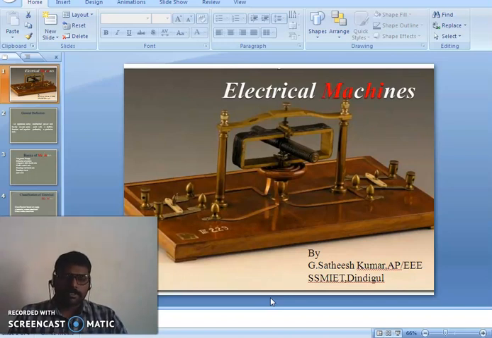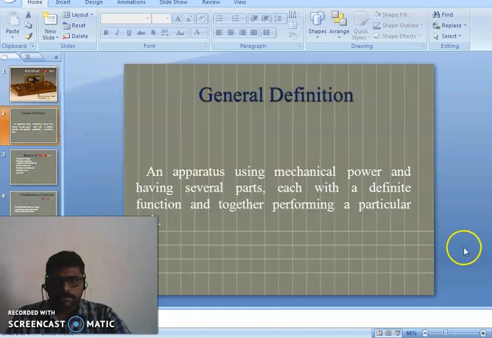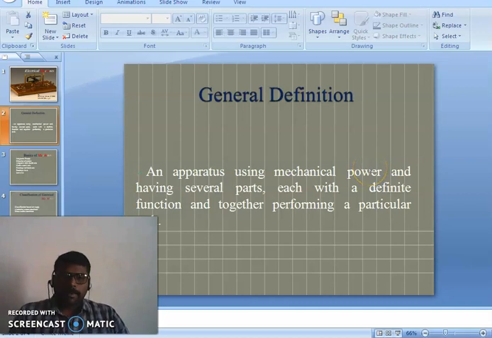What is an electrical machine? First, getting into the topic of electrical machines, you must know what a machine is. Let me show you some definition. Hope you are seeing the definition. An apparatus using mechanical power and having several parts, that is, a combination of several parts, each with a definite function.